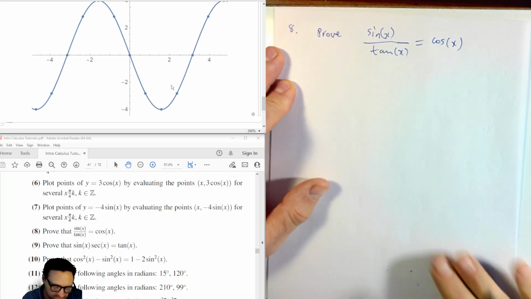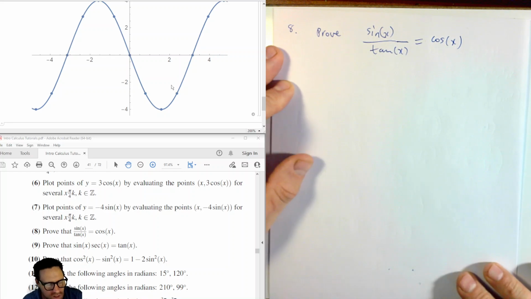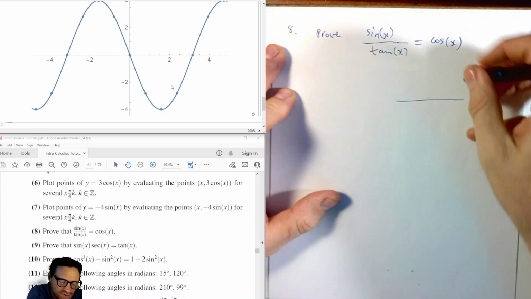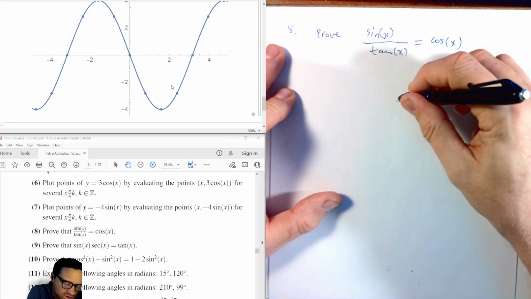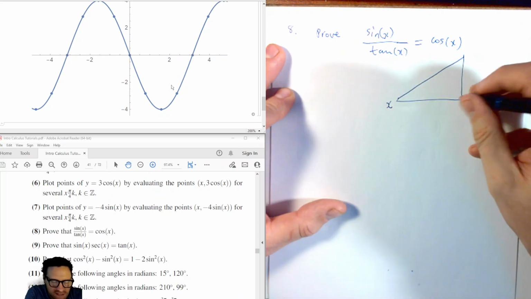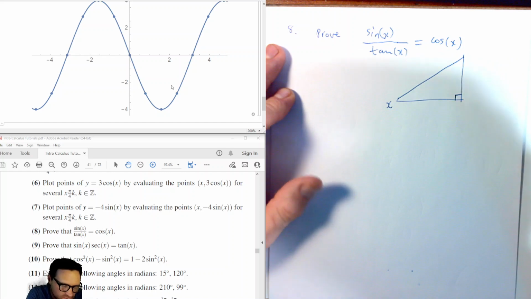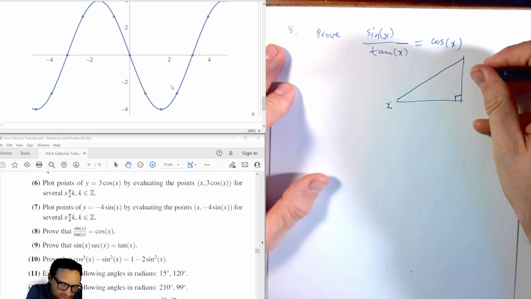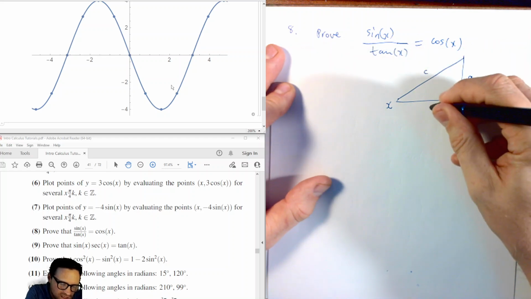Okay, so for this one, I think we can assume that tan of x is sine over cos, but let's just draw a triangle. Here is x, our angle x. Let's assume that it's a right triangle. And then let's call the side lengths A, C, and B.